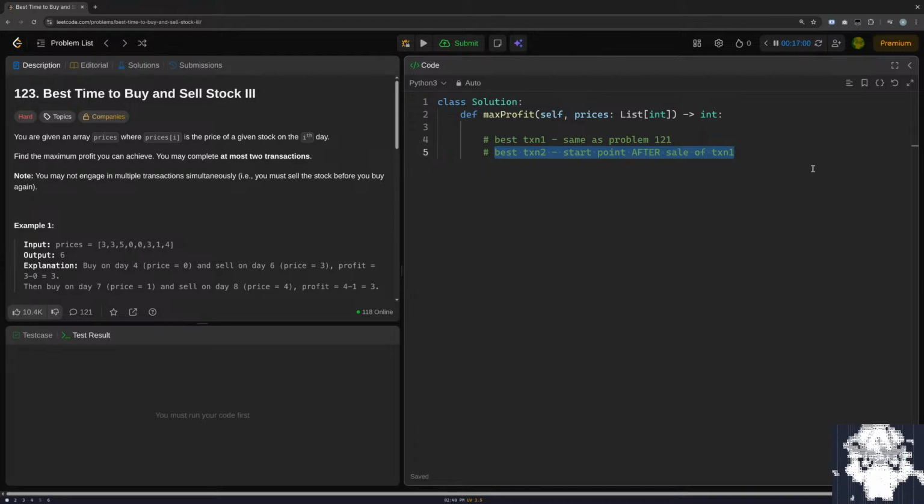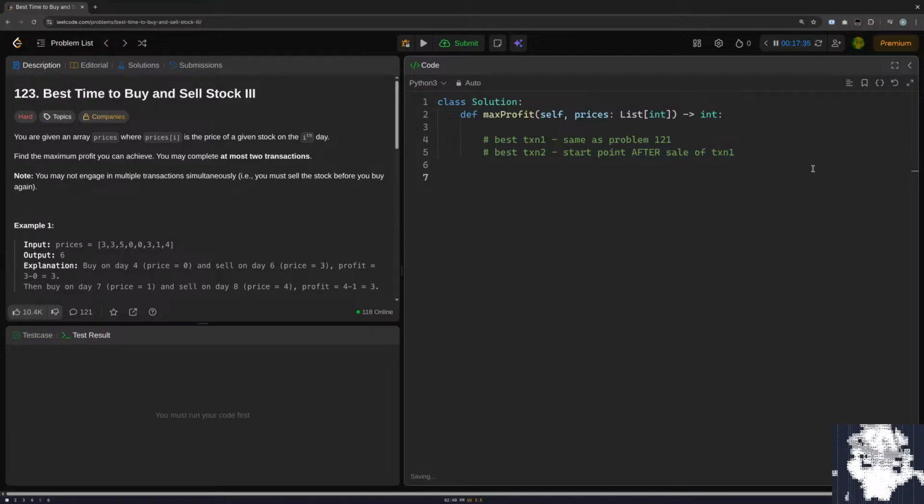I shouldn't have to go back in time because this transaction ends now, and these ones are always looking after the end of the first transaction. Interesting. Okay, I think this might work.